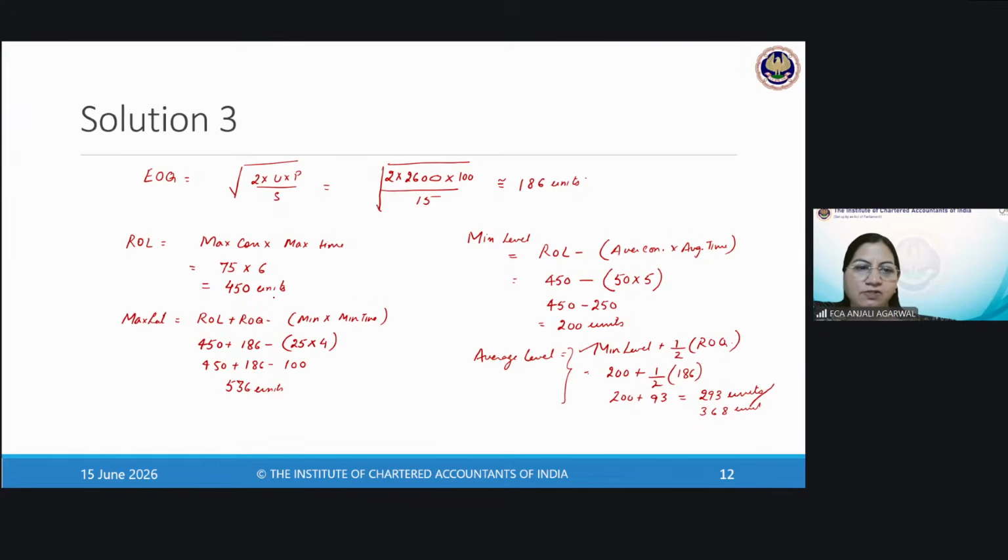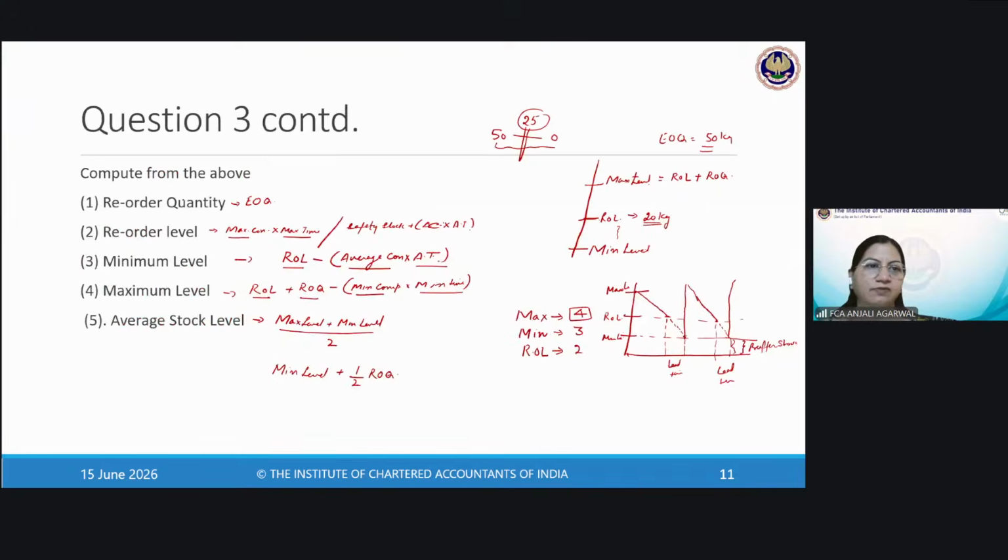In reorder level also, if I had used safety stock plus average consumption into average time, my answer would have been different, right? So we have calculated reorder quantity, which is 186 units. Reorder level, maximum consumption into maximum time, 75 into 6, 450.